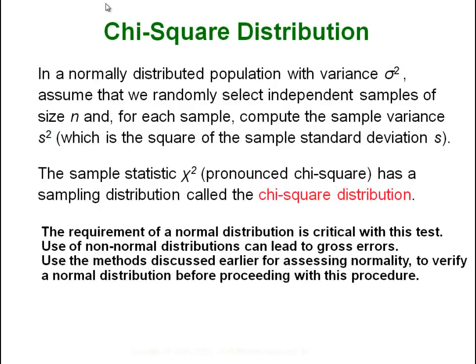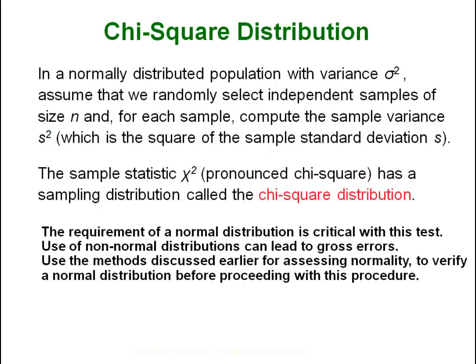We've mentioned before that when we're doing these types of sample distribution estimates of the population, whether it's the proportion or the mean, we had to make sure we were sampling from a normal distribution, or we had to make sure that our samples were greater than 30. Well, when we're dealing with the variance and thus the chi-square distribution, we no longer have that requirement of being greater than 30.